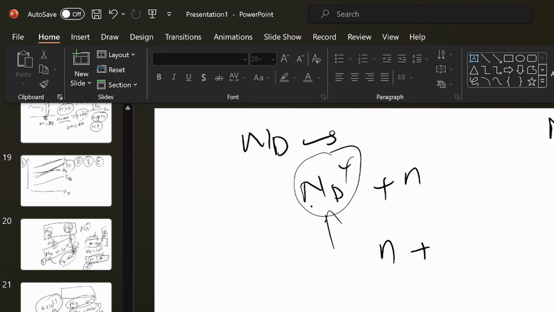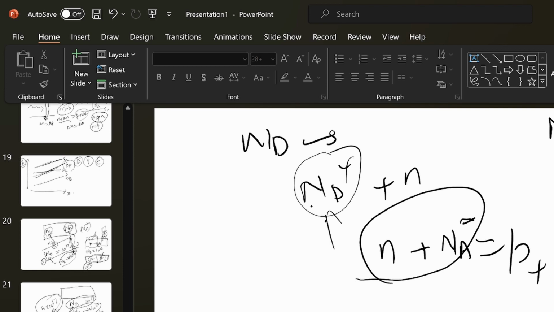So total negative charge is n plus Na minus, which will be equal to p plus Nd plus. This is the total negative charge in the semiconductor and this is the total positive charge: n plus Na minus is equal to p plus Nd plus.